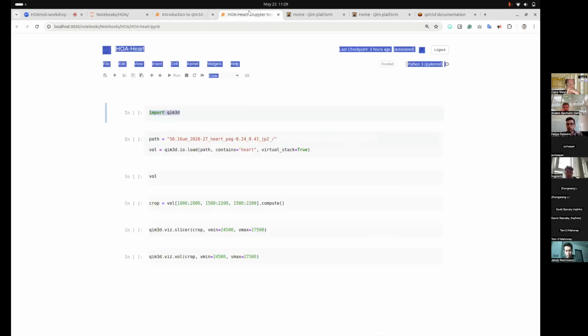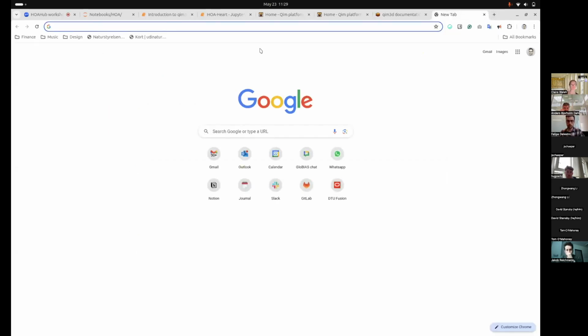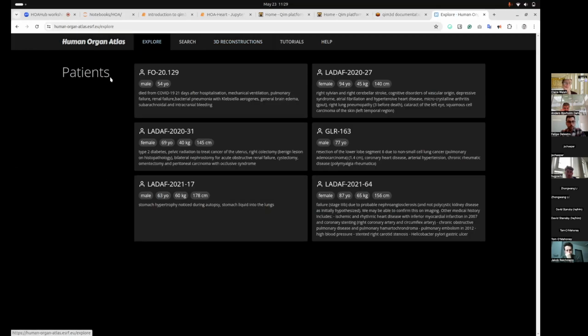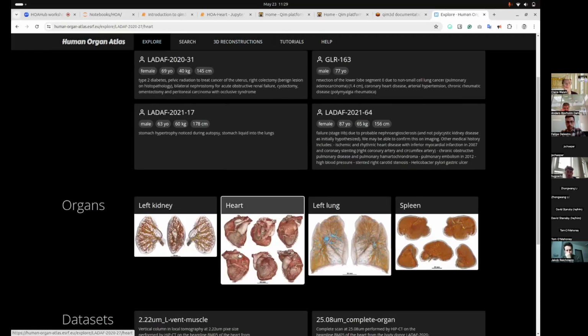And I want to show something using human organ data sets. So just to let you know, I was exploring the Human Organ Atlas page, and I found this data set from the heart here.